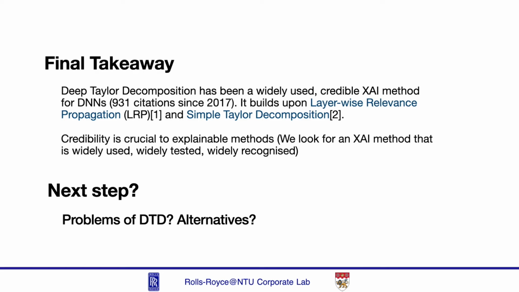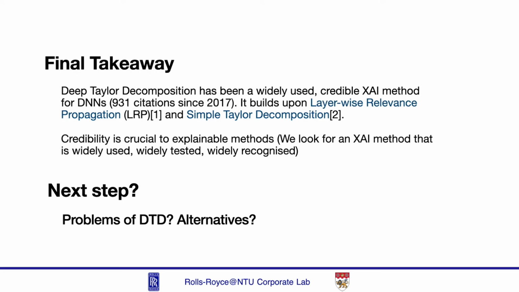Imagine if we cannot trust our neural network itself and we still have to use it, we have to at least make sure that the way we explain this network is recognized and accepted by other people in the industry. For example, I cannot just come up with my own explainable technique and tell people to use it in the industry.